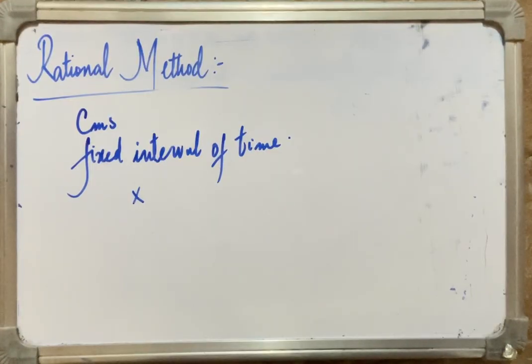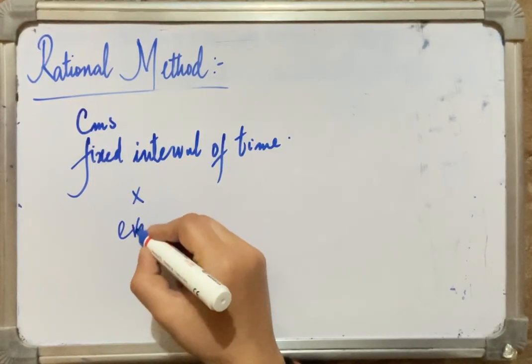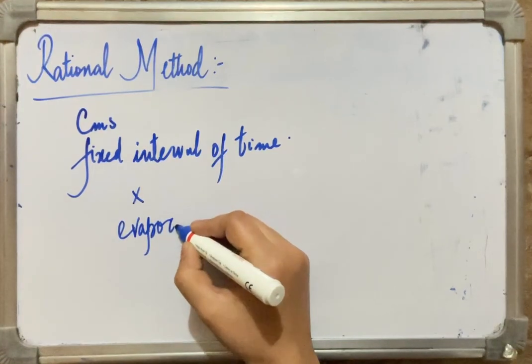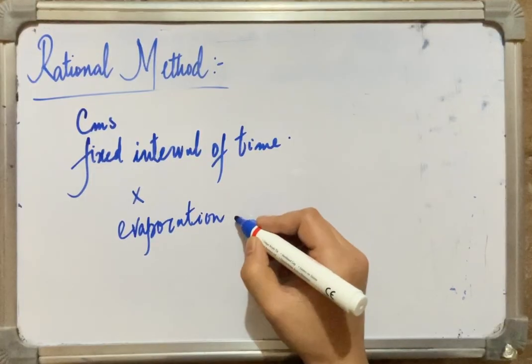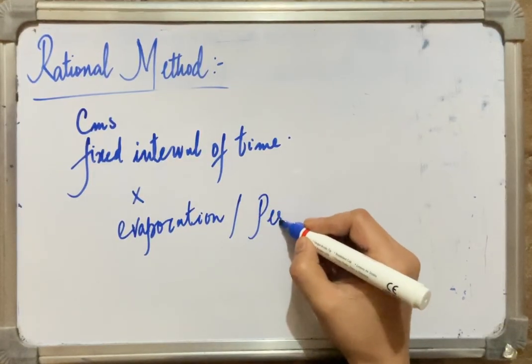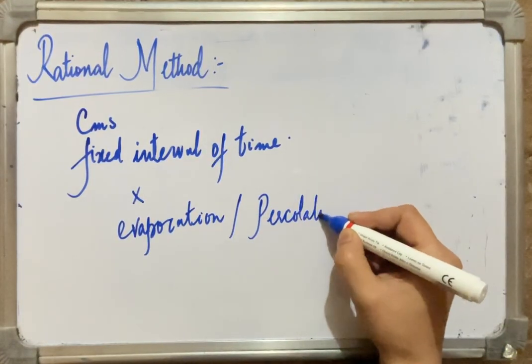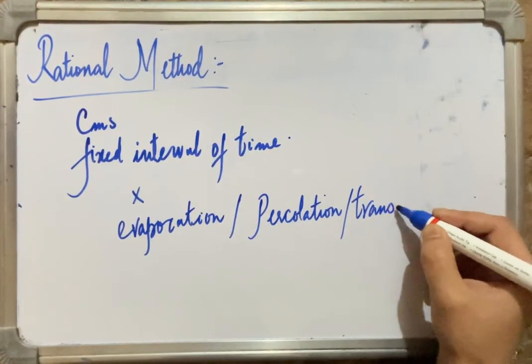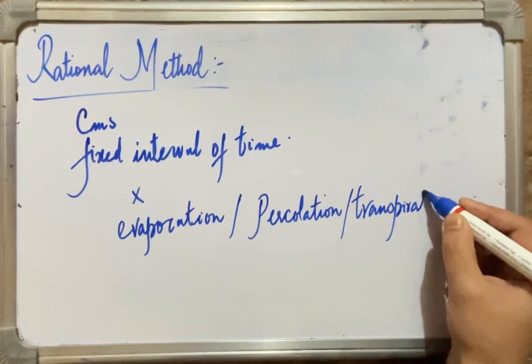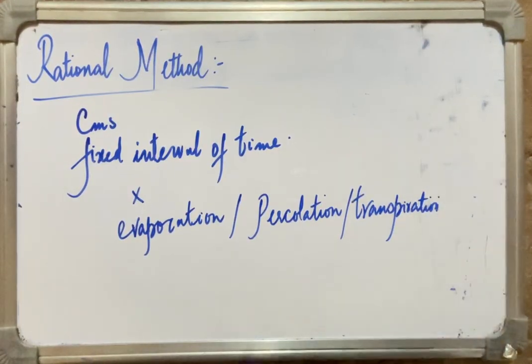Because some quantity of it is lost in evaporation, some of it may be lost in percolation, and some of it may be lost in transpiration.